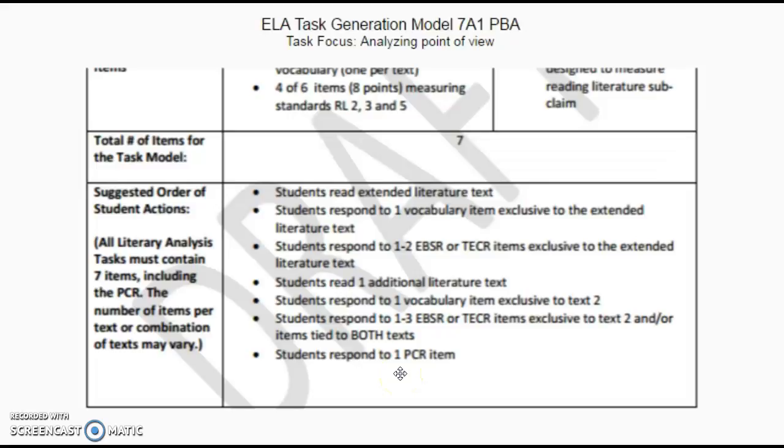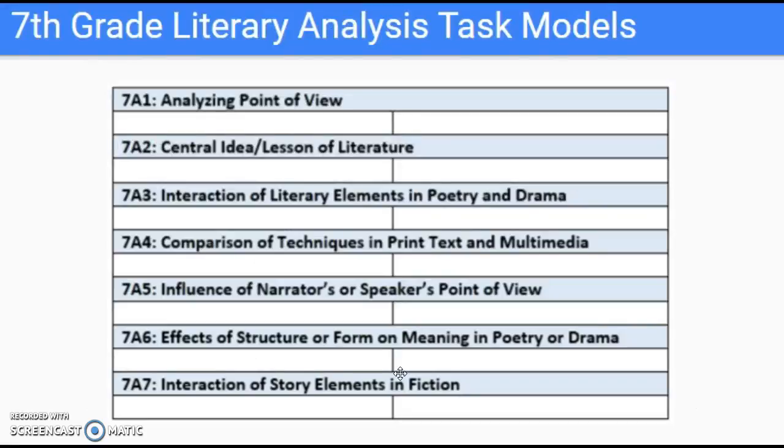While each task generation model provides a whole lot of information, it is helpful to note that the recipe never changes. All literary analysis tasks in all grade levels contain 7 total items, and the order in which students see these items never changes. What does change, however, is the focus of the tasks and the standards that are assessed.